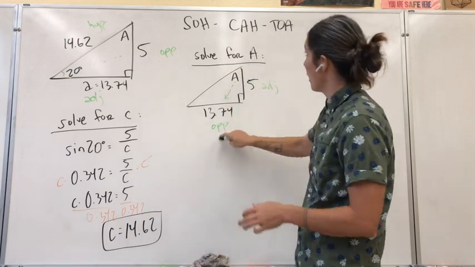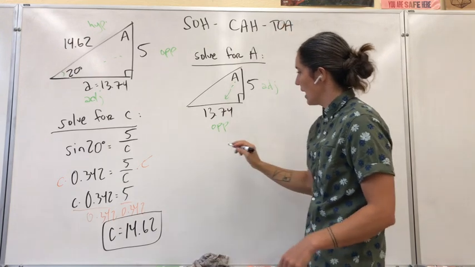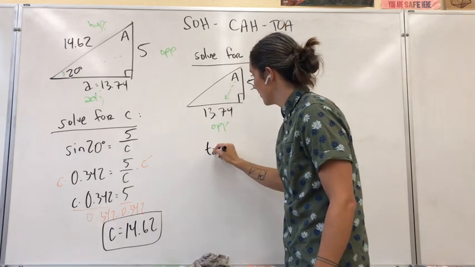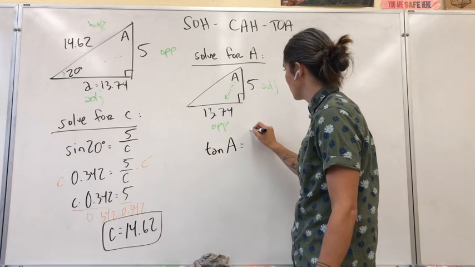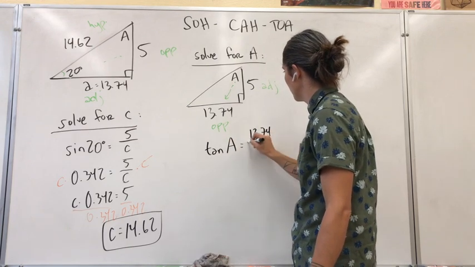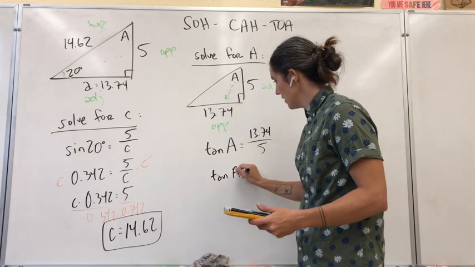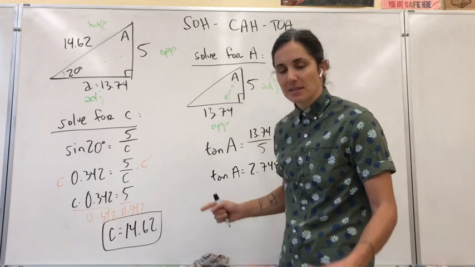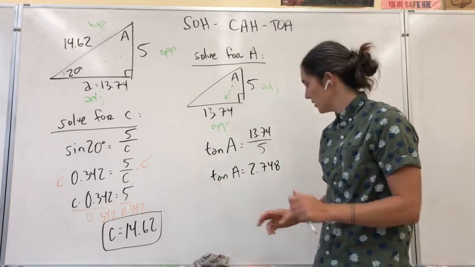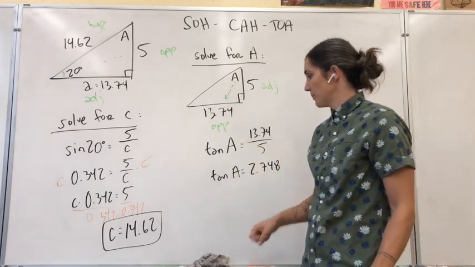So, working with opposite and adjacent, look at that. We've tucked in all 3 trig ratios. I would set this up as tangent of theta, or A in this situation, of my angle is equal to 13.74 divided by 5. So I get that the tangent of A is 2.748. And this is the part where you may or may not remember. To solve for an angle is when we use inverse trig.